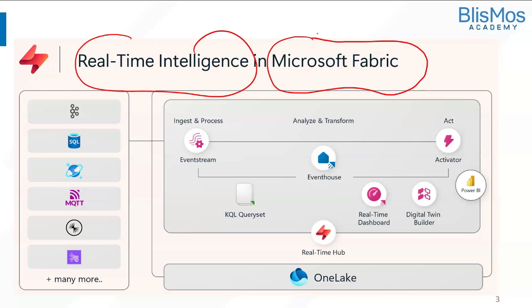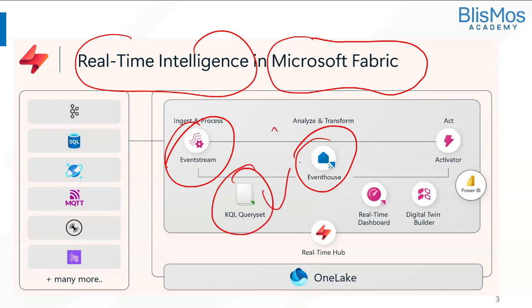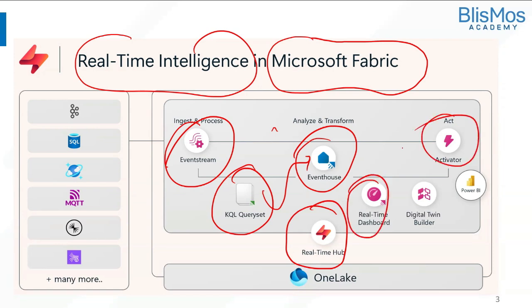The important components are the event stream, the event house, the KQL query set, which is a part of event house, the real-time hub, the real-time dashboard, and the activator. These are the important components of Microsoft Fabric which will facilitate real-time analytics.